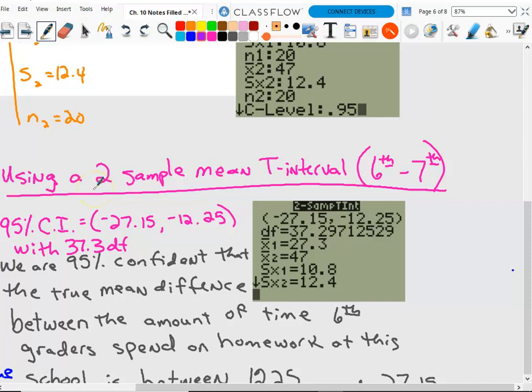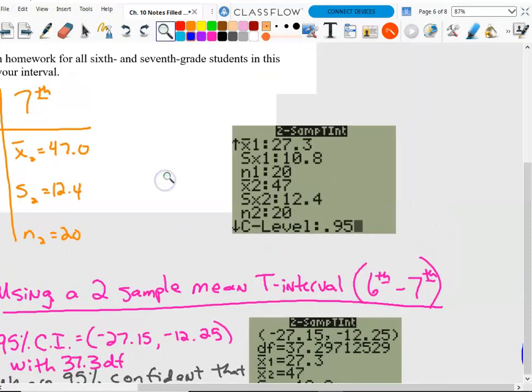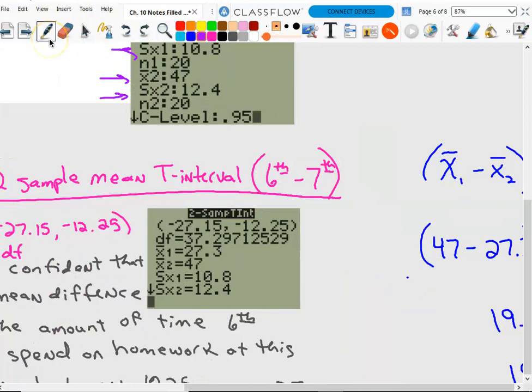And again, the organization of your subtraction is kind of important, and you've got to communicate it. I chose to plug the 6th graders in first, and then the 7th graders. If you would have done the opposite, your interval would have been positive.